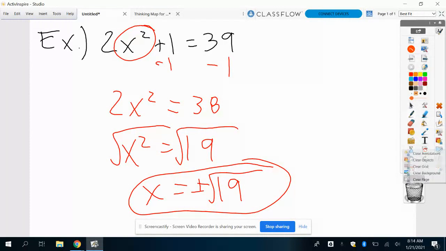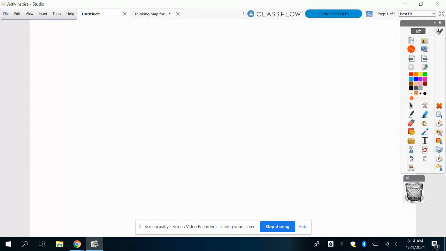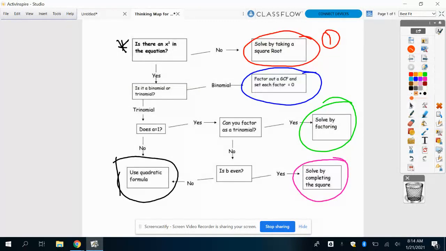The next example we're going to look at is the following. How will we go about solving a problem like x squared plus 6x equals 0? So if we look at our thinking map, we want to look, okay, is there an x to the first power in our equation?